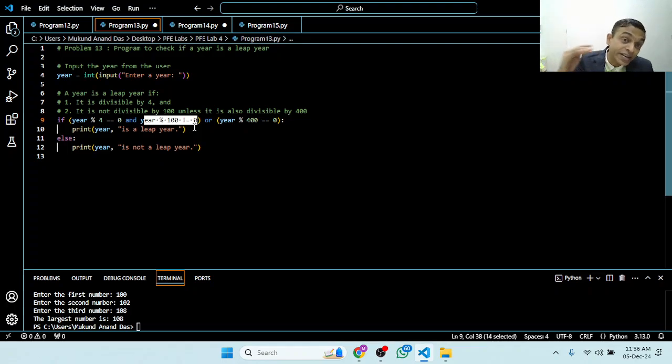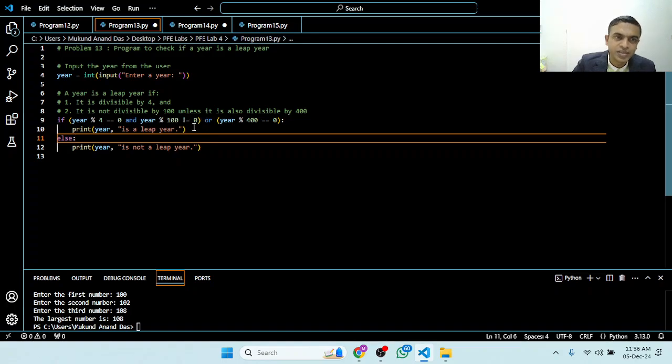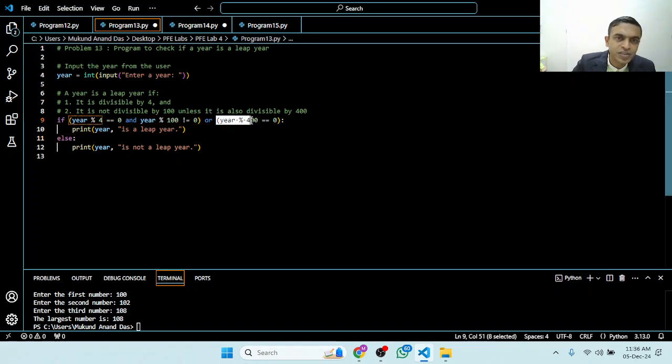In that case, yes, the year is a leap year. If it is a 100th year, then if year modulus 400 is equal to 0, meaning it is fully divisible by 400, only then that year is a leap year. Like year 2000 is a leap year. Year 1900 is not a leap year, right? Because it is divisible by 4, but being divisible by 100, it is not divisible by 400, and therefore it is not a leap year.